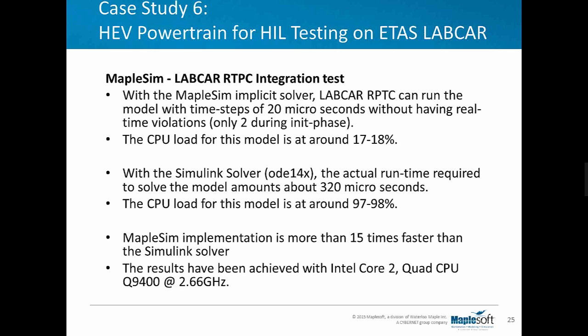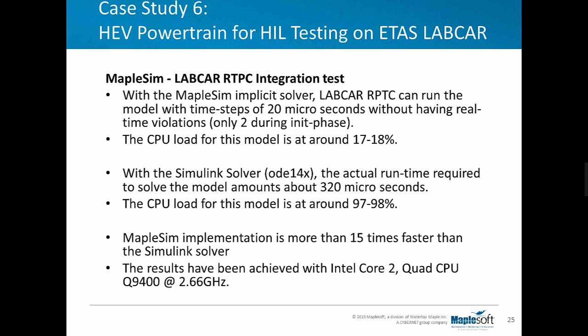In general, the MapleSim implementation increased the speed by a factor of 15, which is very consistent with what we always see in different applications that we do for our customers: up to 10 and beyond is the speedup factor that we see when we go head to head and compare the same models that came from different environments.